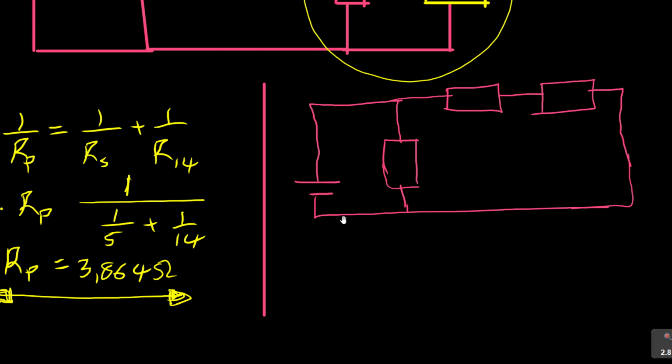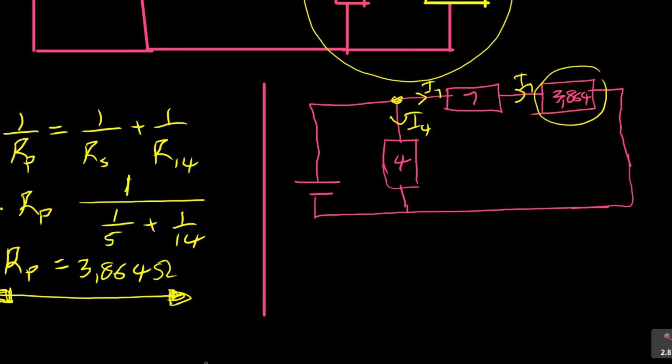It's more like you've got this now, where you have got the 4, the 7. Now that RP is 3.864. See what's happening. Then when you follow your current, it is splitting, still the same. I4 is still there, I7 is still there, but I7 enters that part. It means they are now in series. Do you see that?